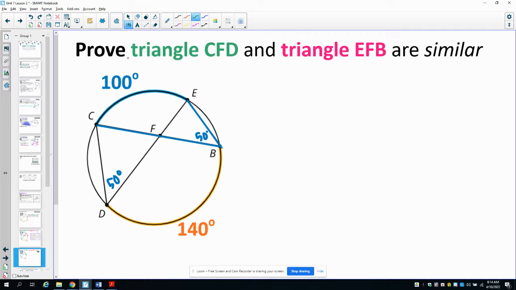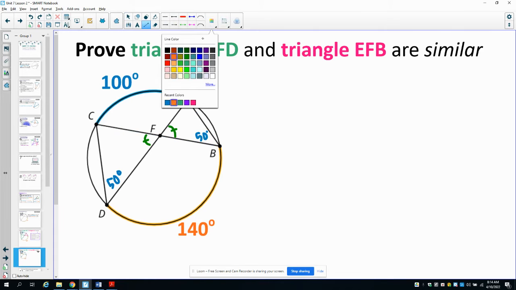And then you could be looking at a vertical angle. So we know this, and then that would be enough to prove the triangles are similar by angle. And you could certainly have used a different angle as well. So if you didn't use the inscribed angle from the blue arc, you could have used the inscribed angle from the orange arc.